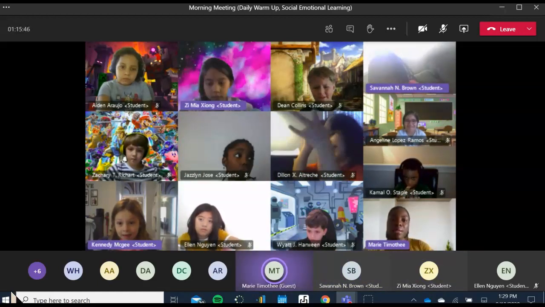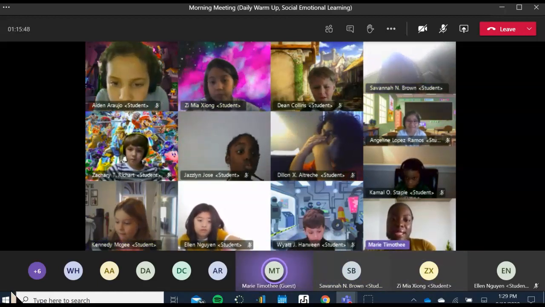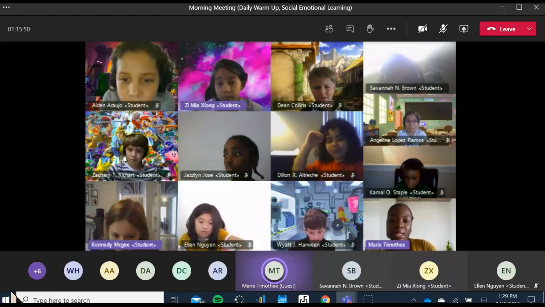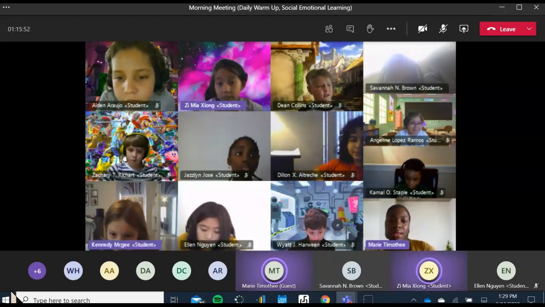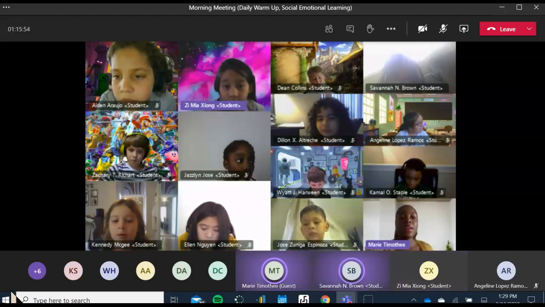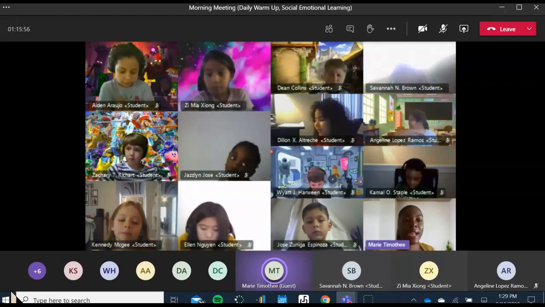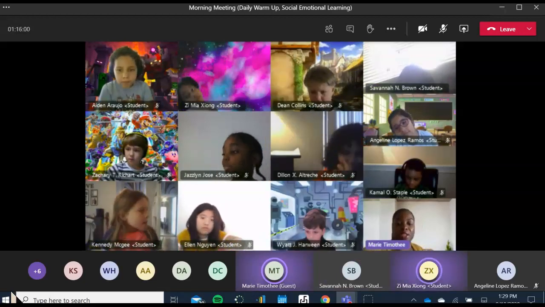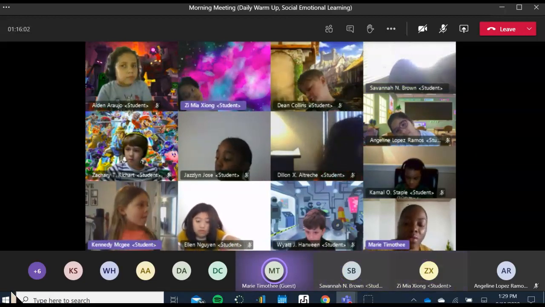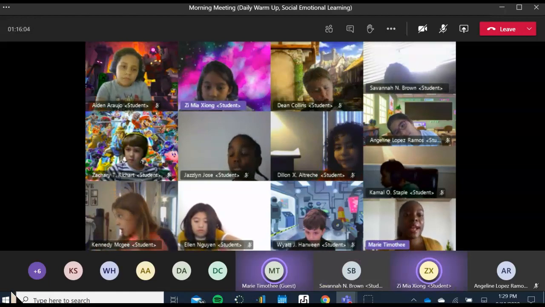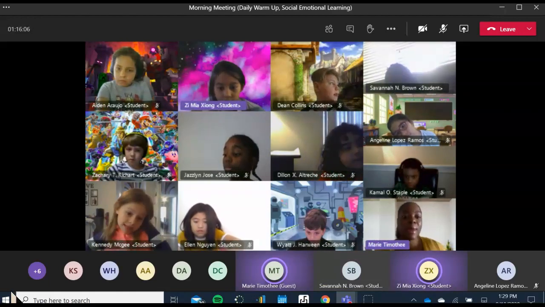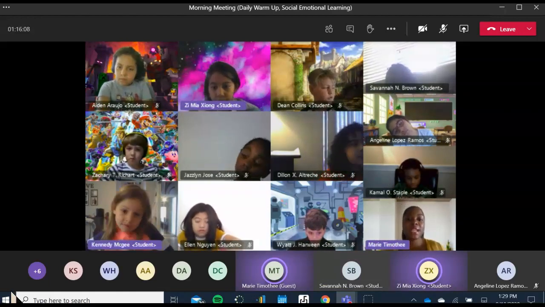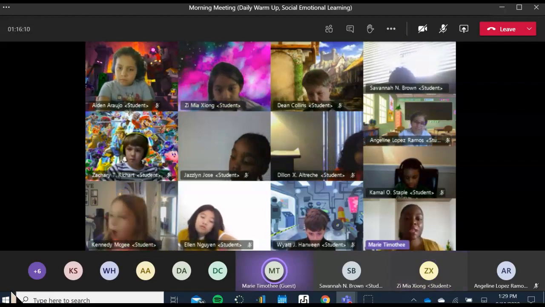Okay, on our leaderboard, we have Aiden, Jaslyn, Kennedy, Angeline, and Wyatt. So when you look at that rectangle, it's asking what is the missing measurement. Remember, when you're finding the measurement, you have to look at what is behind it. It's looking for centimeters.